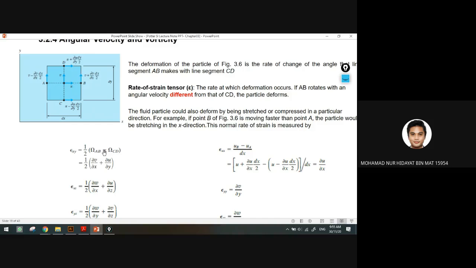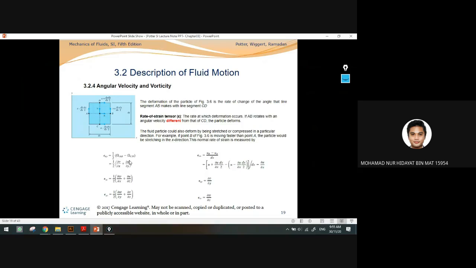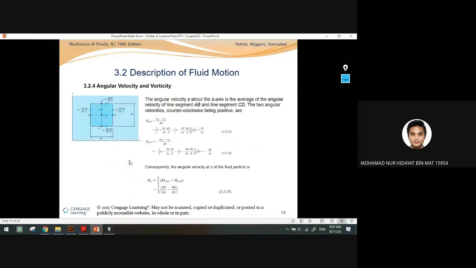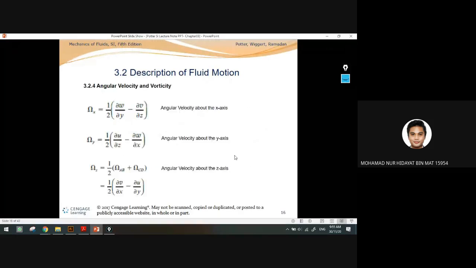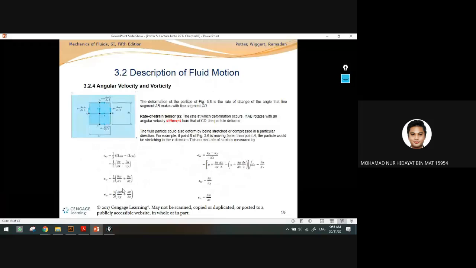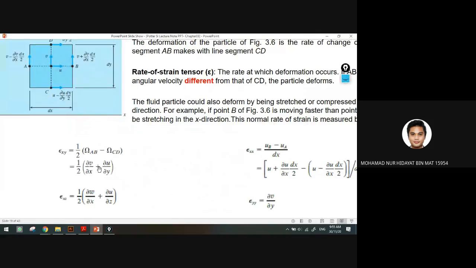So this is minus and then we substitute the value. Remember, the omega of CD is minus. Minus with minus is plus. Remember, omega CD we derived earlier. Omega CD is minus. So when you substitute in this equation, minus with minus is positive.